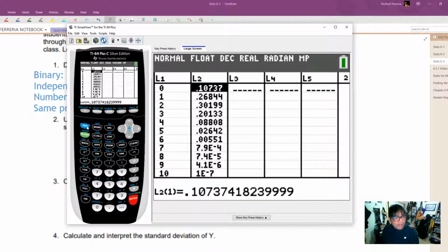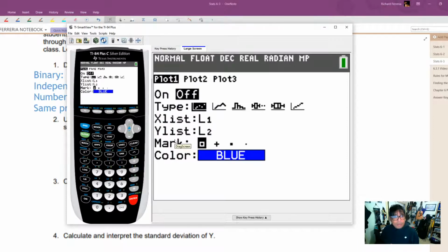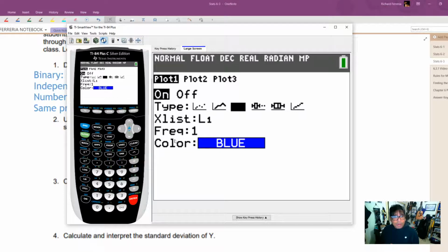Now we're going to put this onto our stat plot. Turn it on, and we want a histogram. Just like before, we're going to put list 1, L1, and our frequency is going to be L2.